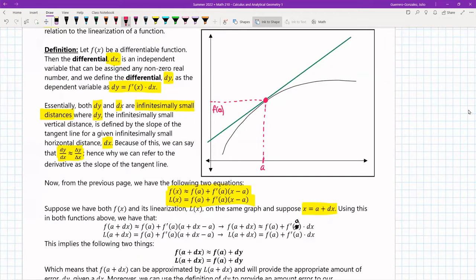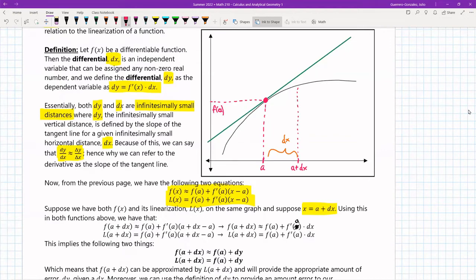Now what I want to do is go ahead and, I'm being overly exaggerating here, do a dx, an infinitesimally small distance. Try saying that three times fast. So that means that this point right here is a plus dx.